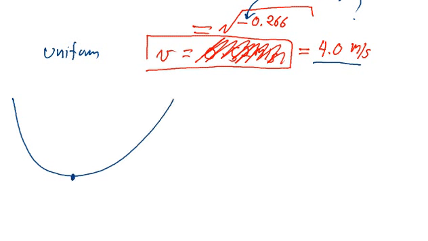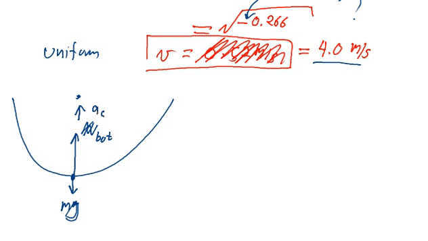Now I want to draw my force diagram, and the weight should point down, and the normal force at the bottom should point upwards towards the center, and the acceleration points in that direction also.